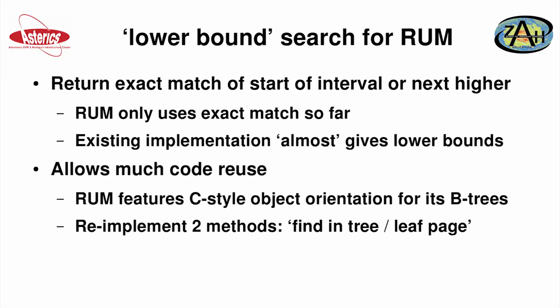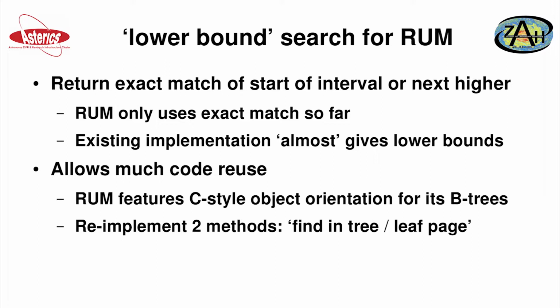And this is a so-called lower bound search. Lower bound here means that the thing you are searching for is the lower bound for the results. So the result is either equal to the search term or the value is higher. And RUM doesn't completely provide it right now.